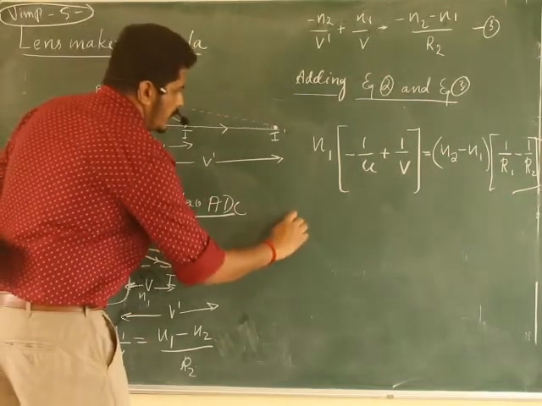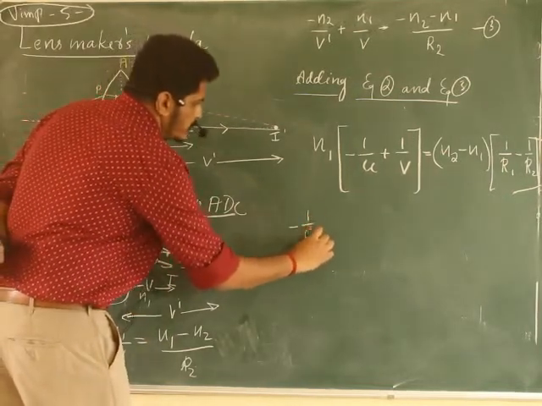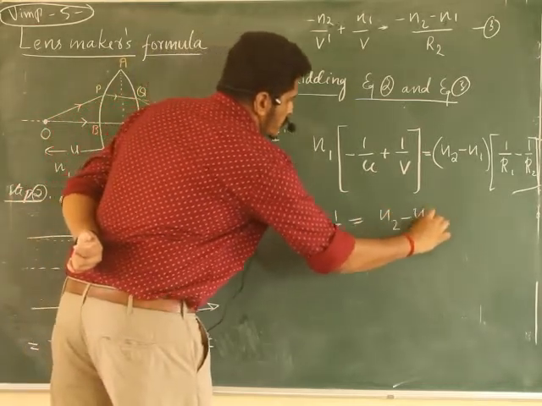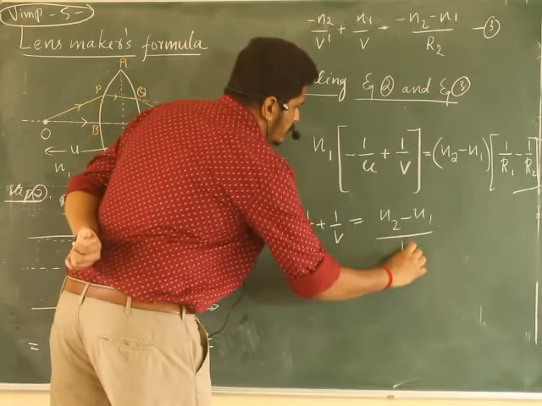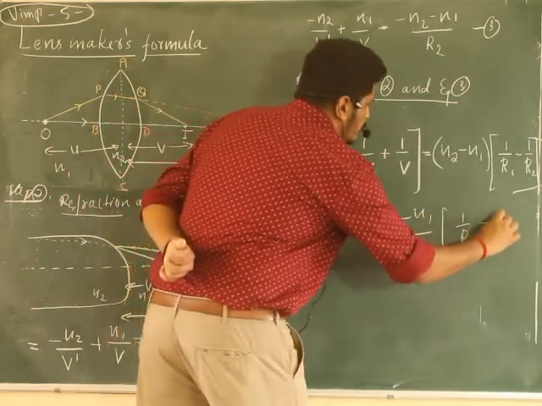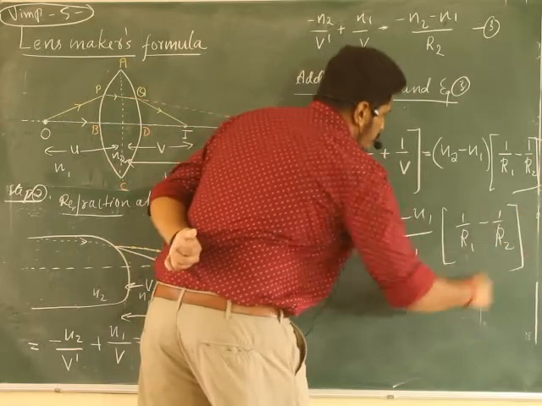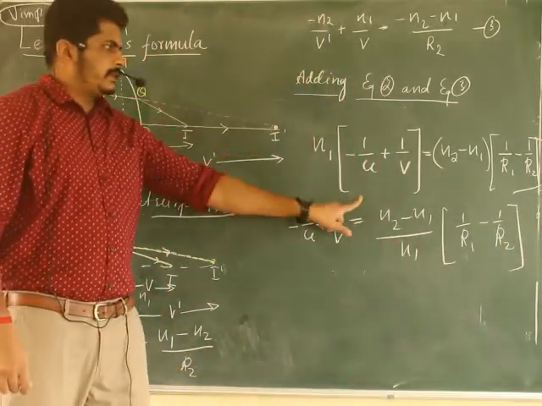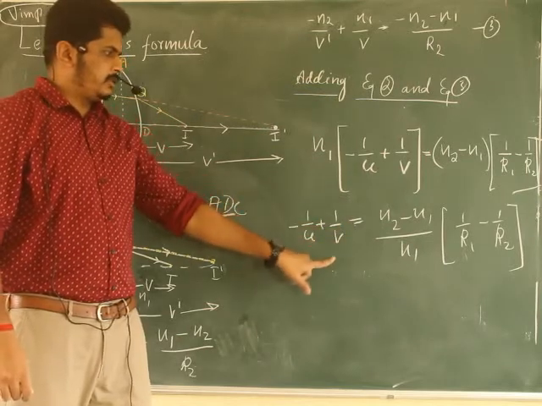Next, I will write this like this: minus 1 by u plus 1 by v equals (n2 minus n1) divided by n1 into (1 by r1 minus 1 by r2). Adding these two, equation 2 and equation 3, I got it like this. Then I am doing some substitutions.